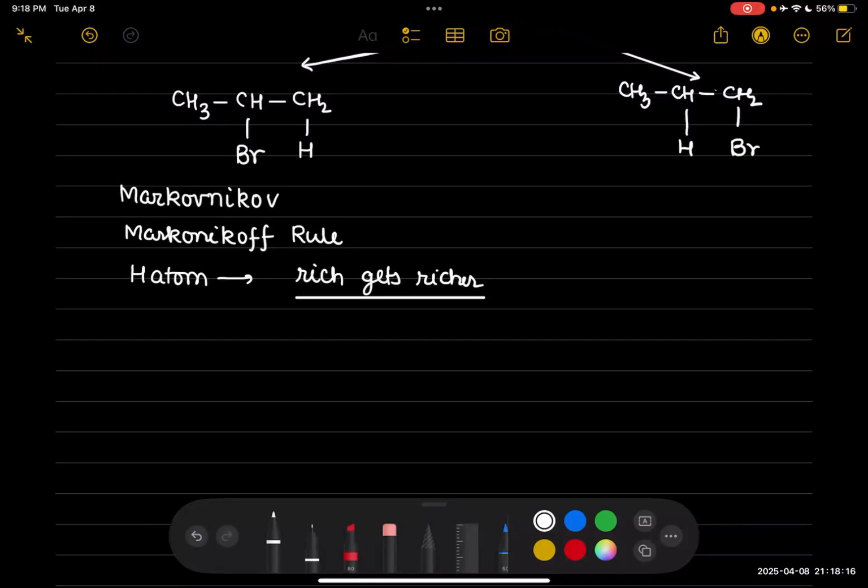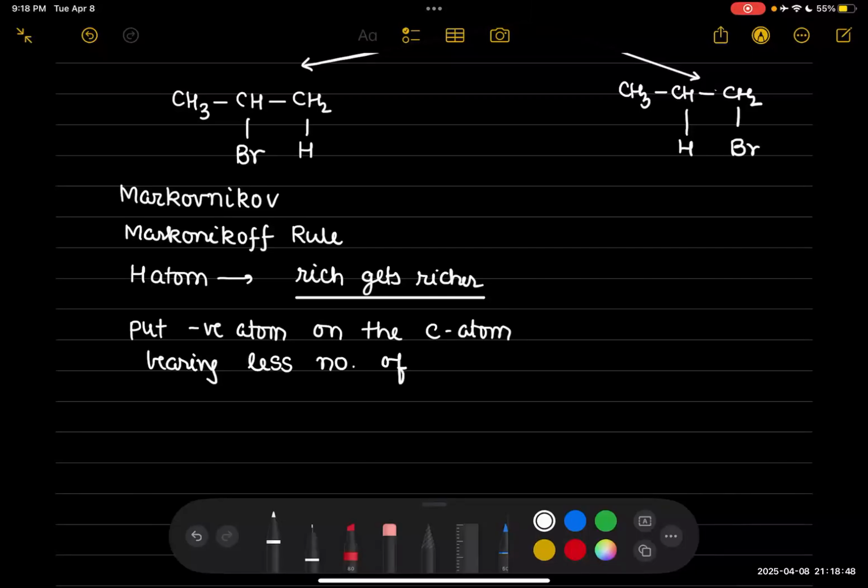And where to put Br? With the least, poor gets poorer. Put the negative atom on the carbon atom bearing less number of hydrogens.